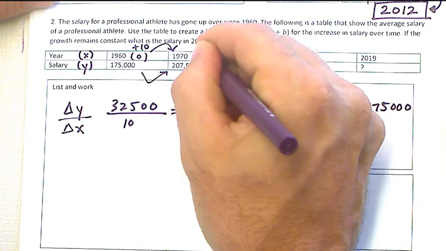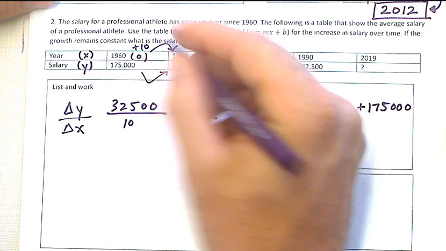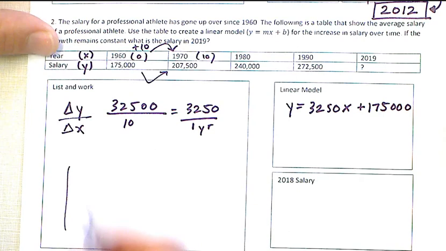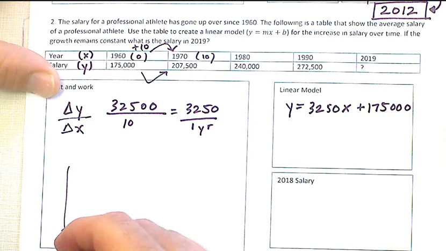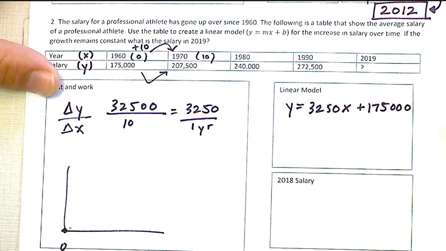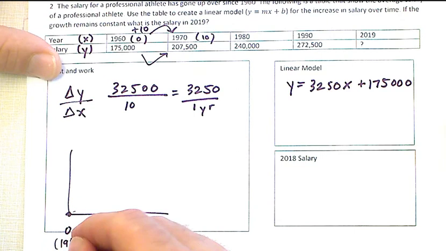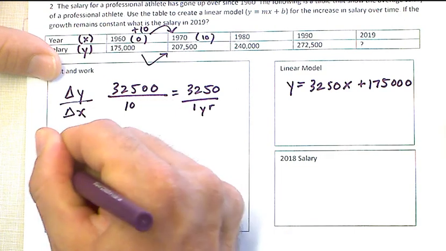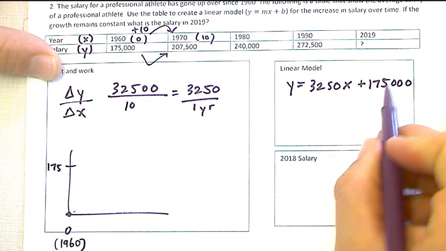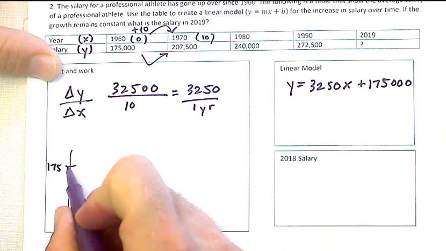This is technically year 0. This is year 10. So on a graph, year 0 is technically 1960. And technically at 1960, you're at 175 here. So that's your y-intercept. That's why you identify that as your y-intercept.